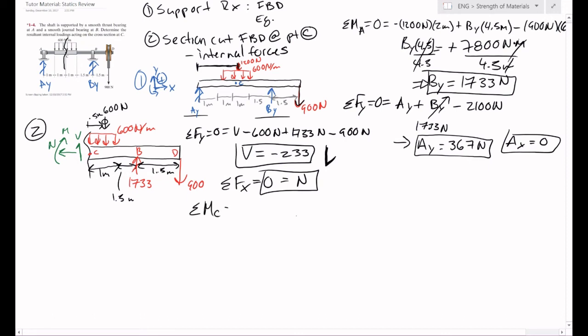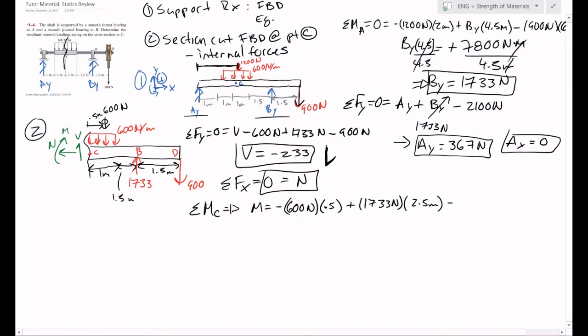Then we'll sum our moments about the point C, which will include our moment that we already have there. So we got 600 going down, causing a negative moment half a meter away. Then our 1,733 newtons causing a positive moment, and that is 2.5 meters from that cross section.